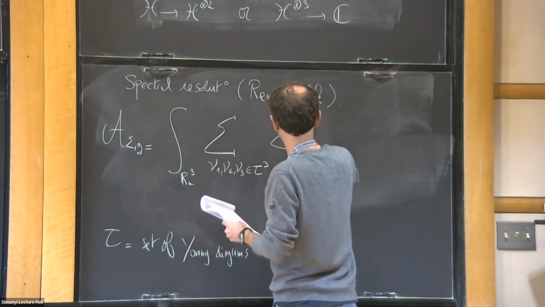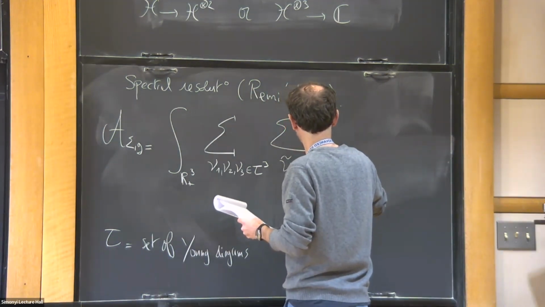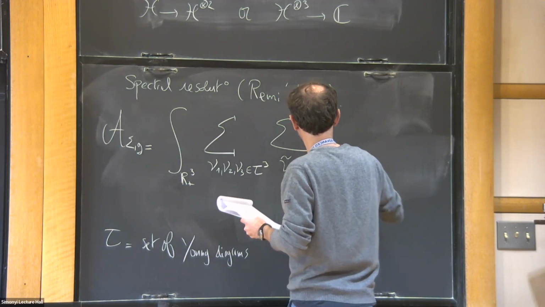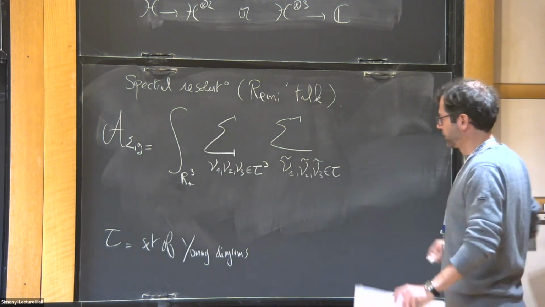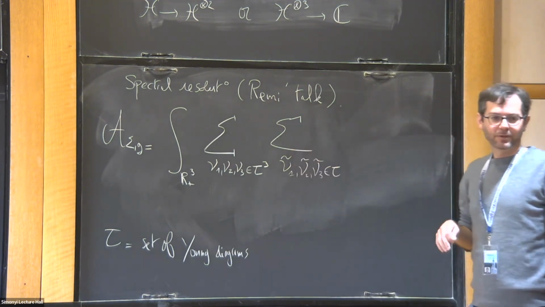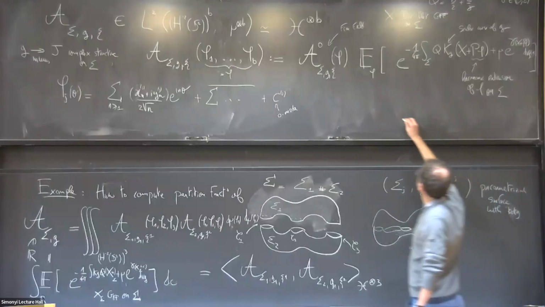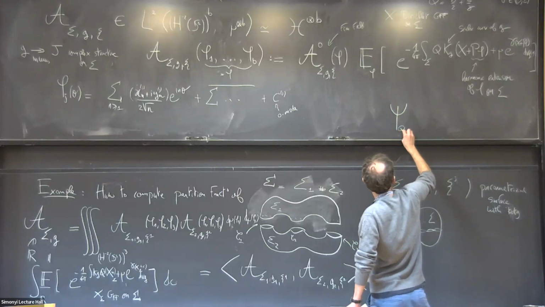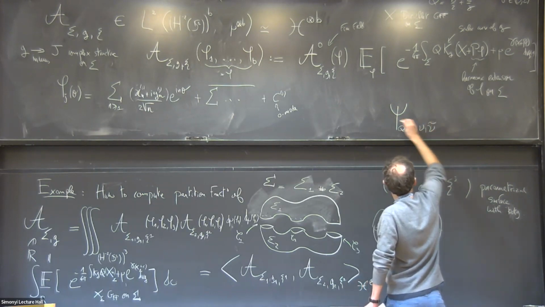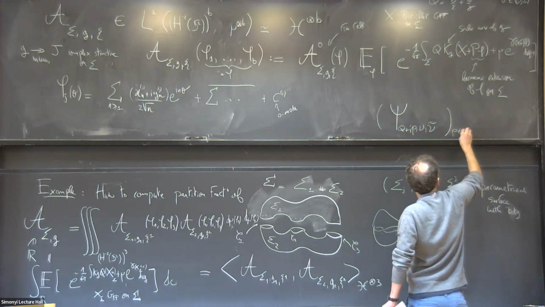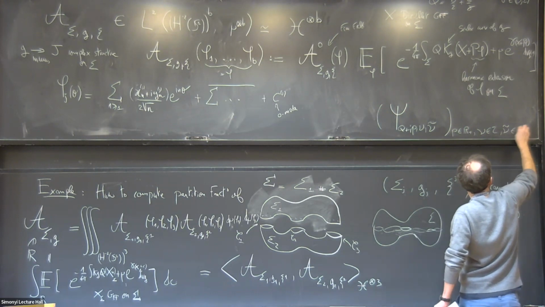Then we get the sum over mu tilde. There were 2 copies of Young diagrams in the spectral resolution. Let me explain: there was this function denoted Q plus IP nu tilde, and the basis was given by P in R plus, nu in the set of Young diagrams, and nu tilde in the set of Young diagrams.